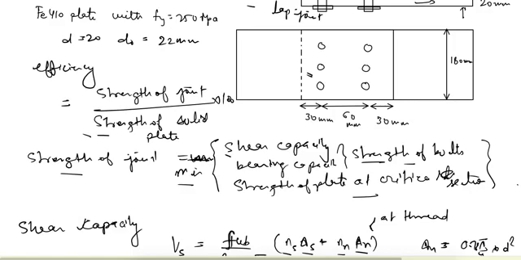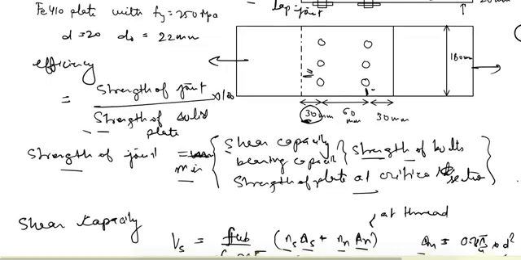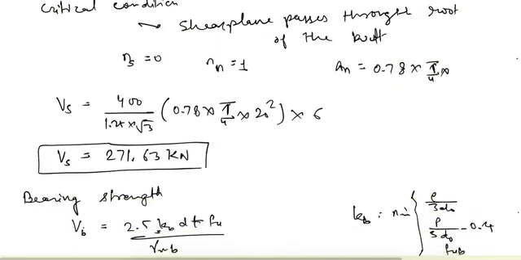That is the end distance. This is the direction of load, so this distance in the direction of load is the end distance. If we are talking about the perpendicular to the direction of the load, then that is the edge distance. So here we are using end distance, that is 30 upon 3 into 22, that is d naught.